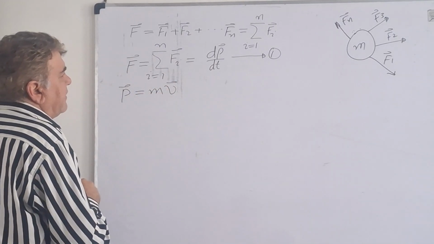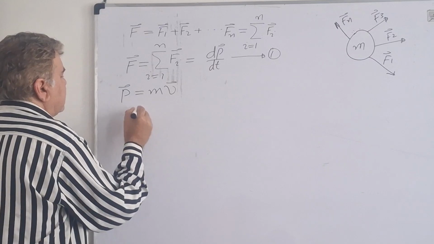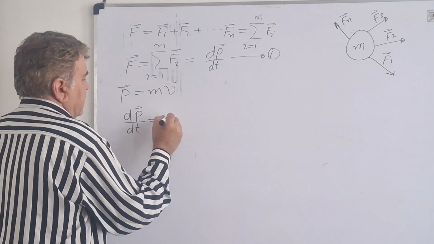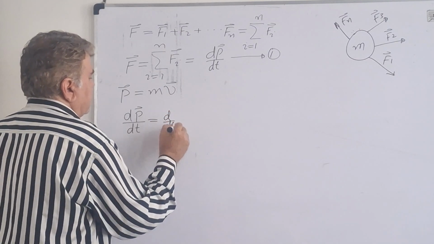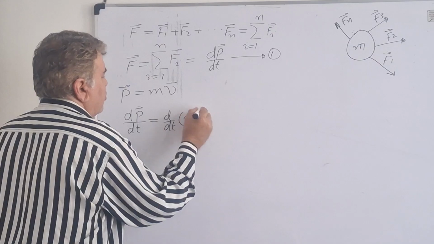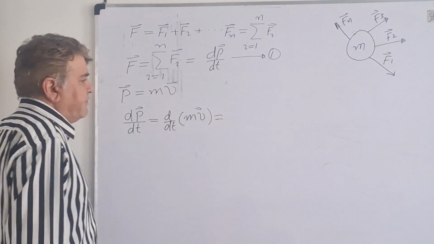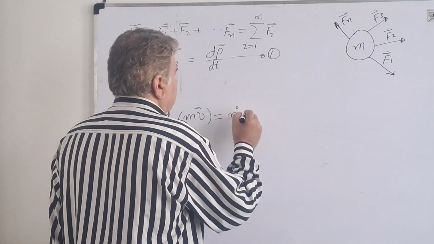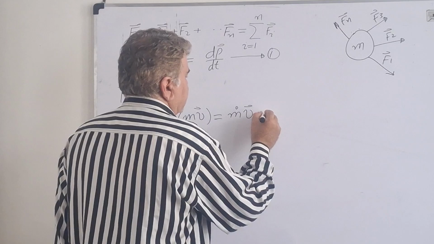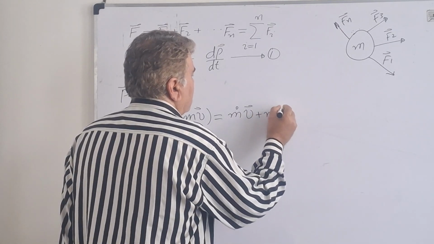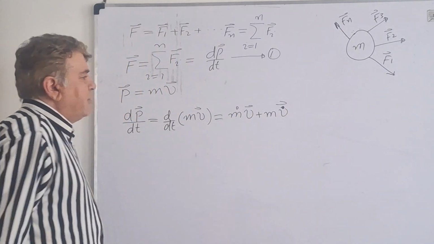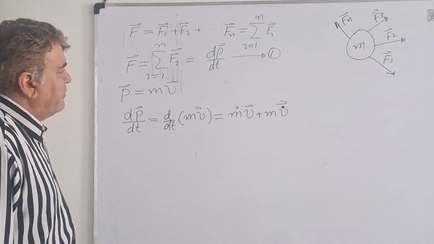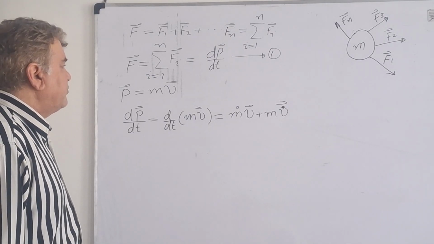So if I differentiate this, I get dp over dt equals d over dt of mv, and using the product formula for derivative, I can write this as m dot v plus m v dot, where m dot stands for the derivative of mass with respect to time and v dot the derivative of velocity with respect to time.